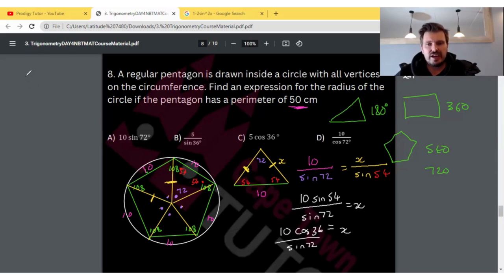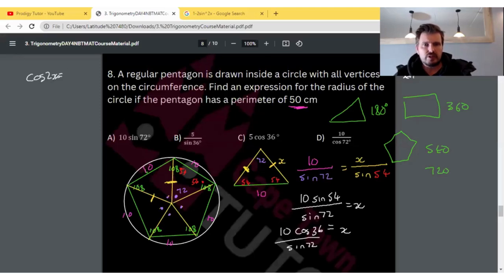Because what do we know? We know the double angle rule, right? Cos 2x is equal to 1 minus 2 sine squared x.